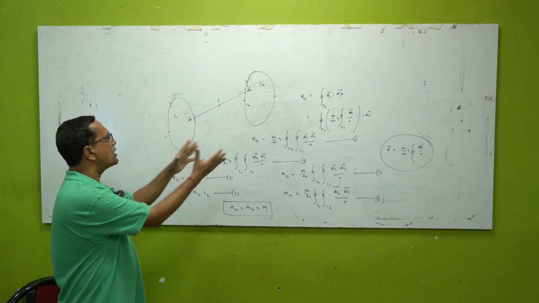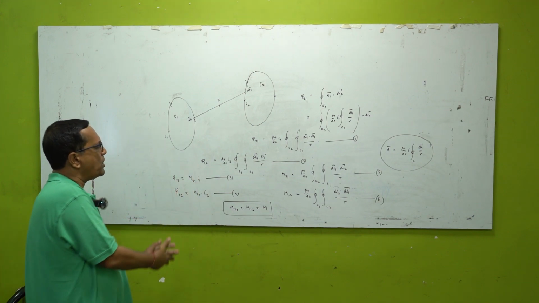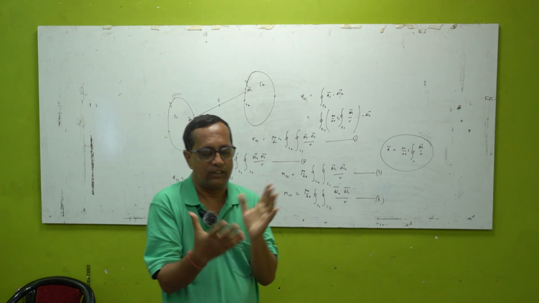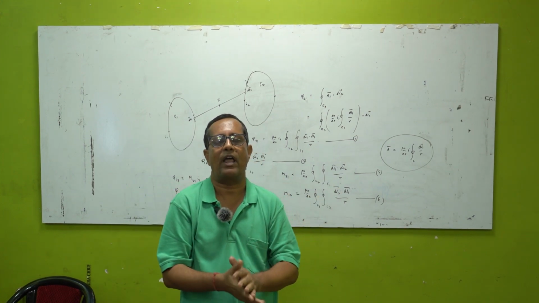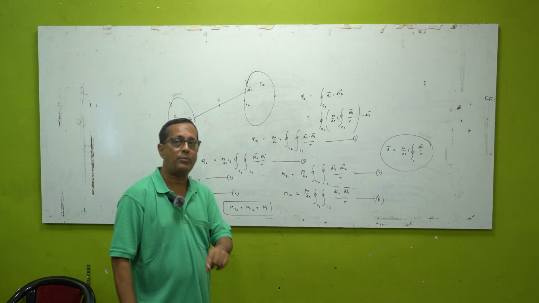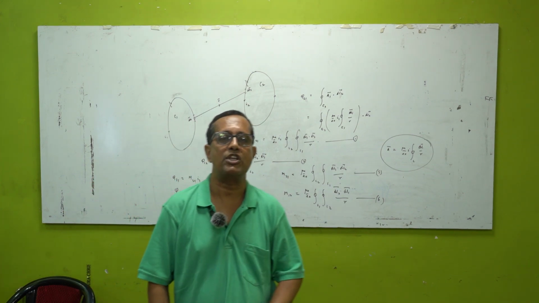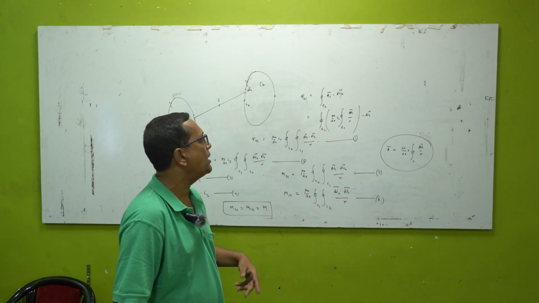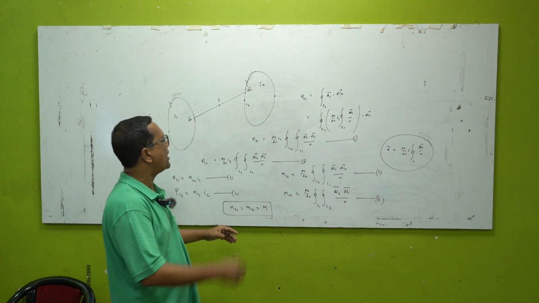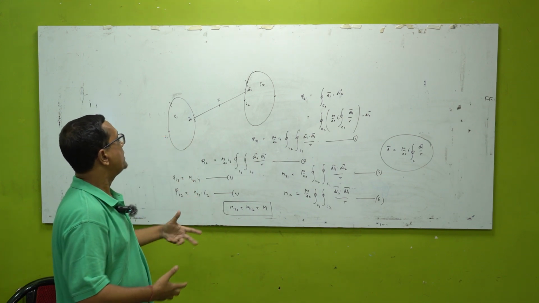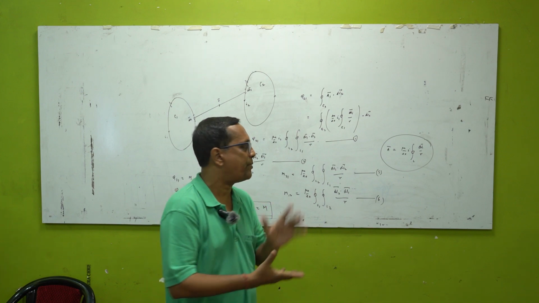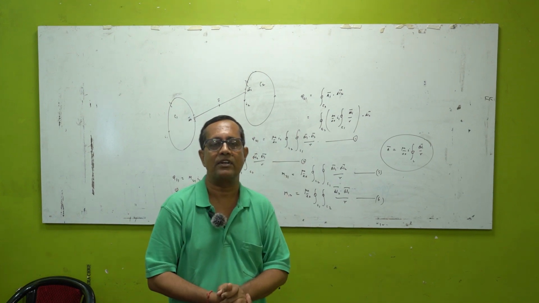Both are compared with the two basic equations 3 and 4, and finally we get M12 and M21, and both are equal. This is the mutual inductance, and we should mention M, not M12, not M21, because both are equal. This is the reciprocity theorem, derived by Neumann, and is also known as the Neumann formula. Not only that, here we also get the expression of the flux linked in one coil with respect to another coil in terms of vector potential, in terms of current element. Okay, thank you.